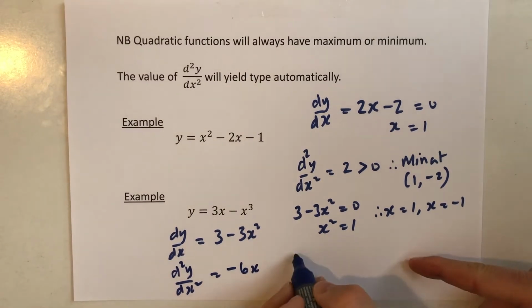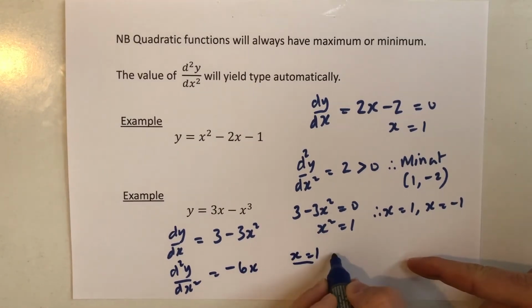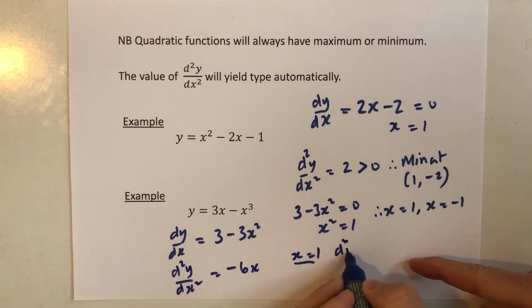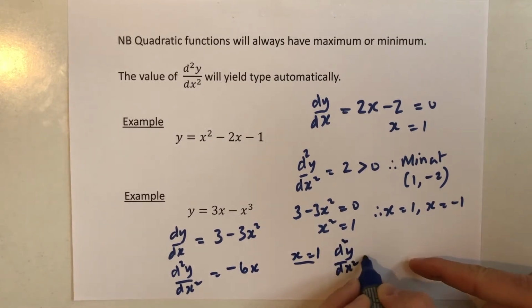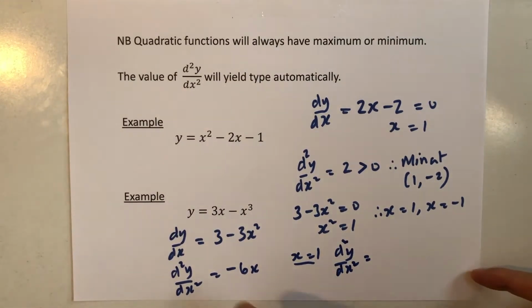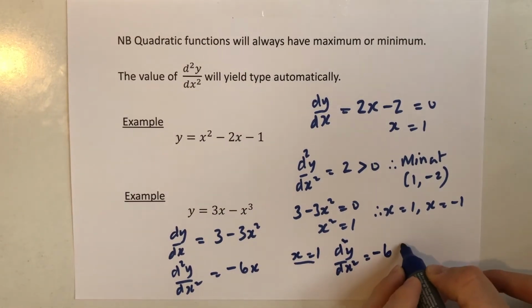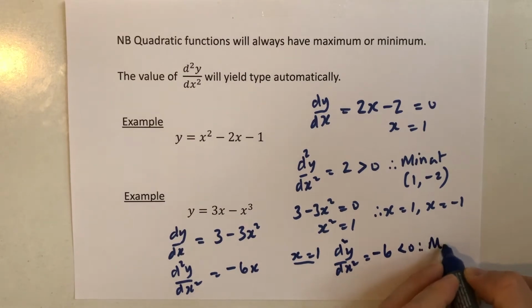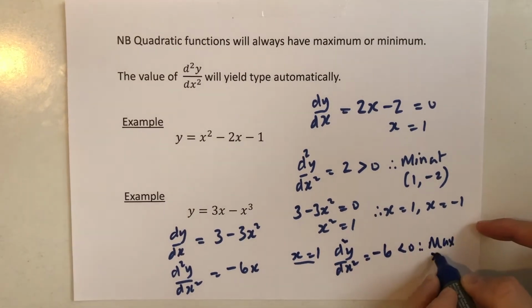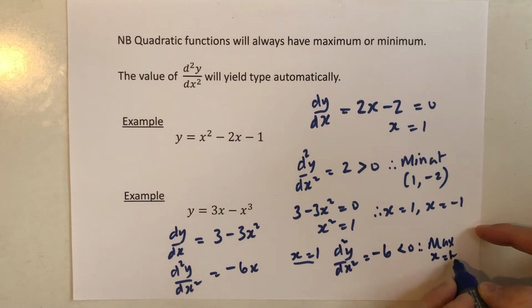Now if I start with 1, so when x equals 1, the second derivative works out to be, put 1 into there, minus 6. So that's below 0, therefore we've got a maximum when x equals 1.